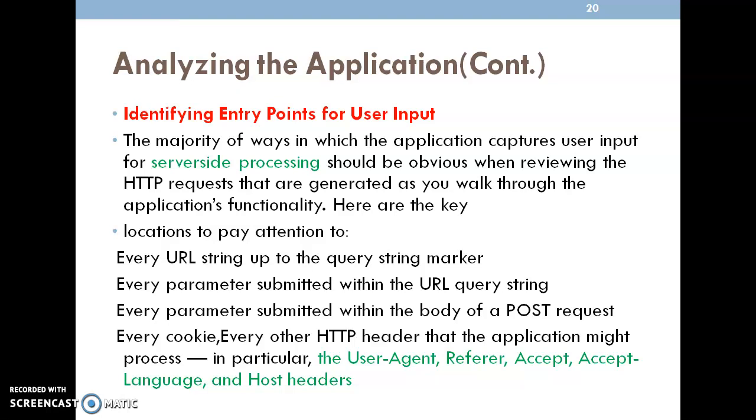At the same time we have to get the user agent, like the browser. The referrer means from which other page we are getting the request. Then accept language means which language is accepted. Then who is the sender. All these things should be identified by making use of entry points, especially from the URL query string.